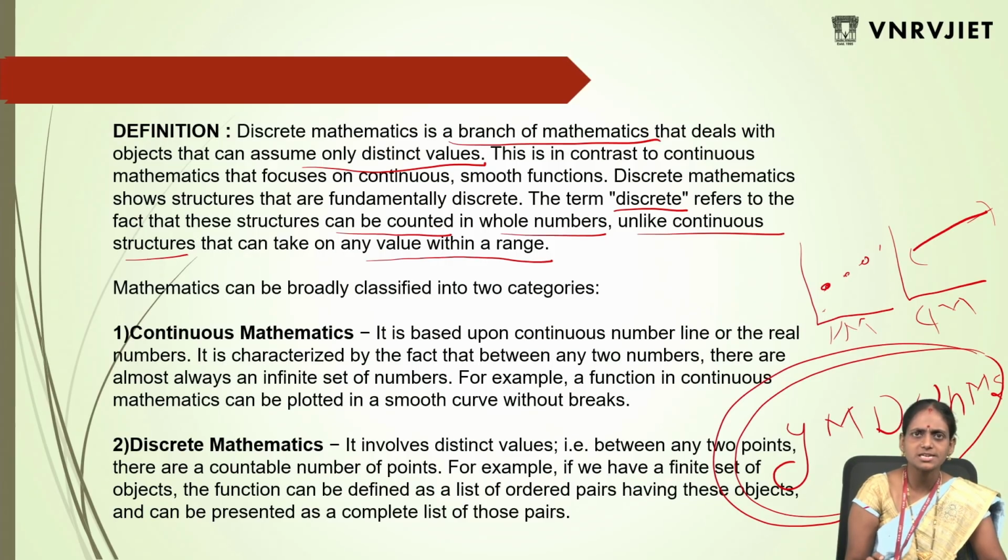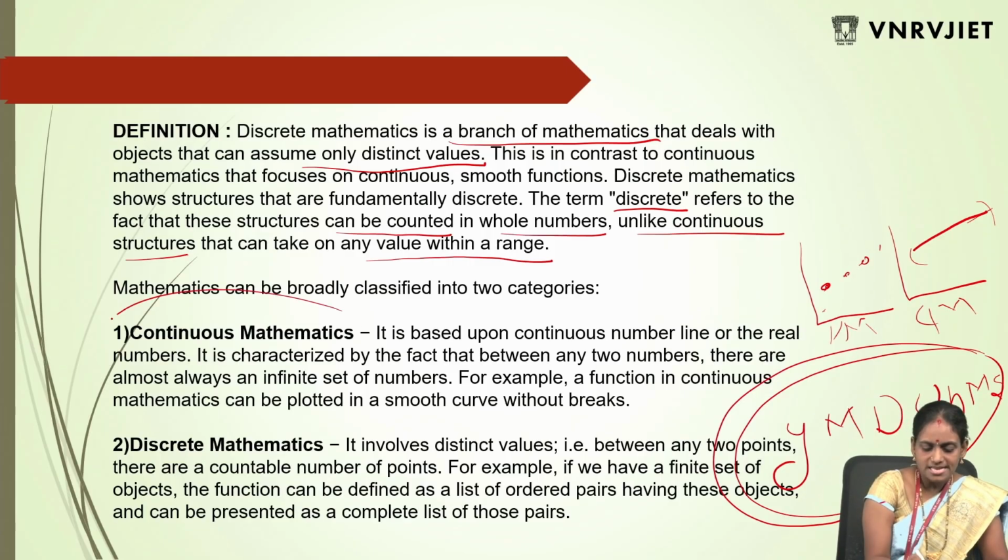Whereas in discrete mathematics, we simply find the count, how many pages we have, how many books we have in a cupboard. So real numbers come under continuous mathematics, and whole numbers come under discrete mathematics. So this is the classification.